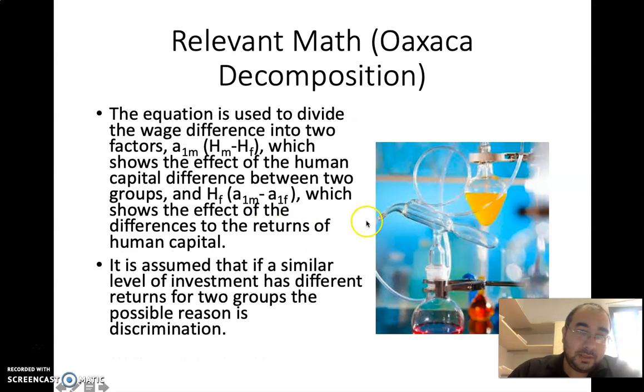And this term basically shows us the discrimination. That's one possible explanation of this discrimination.